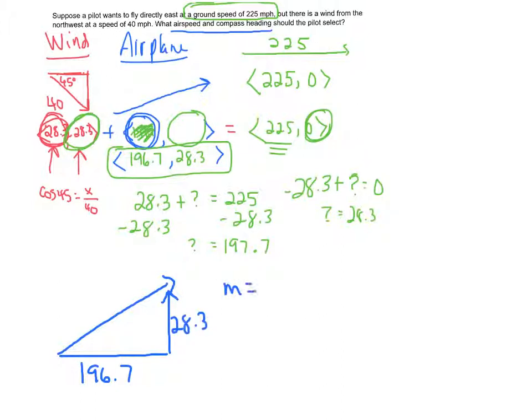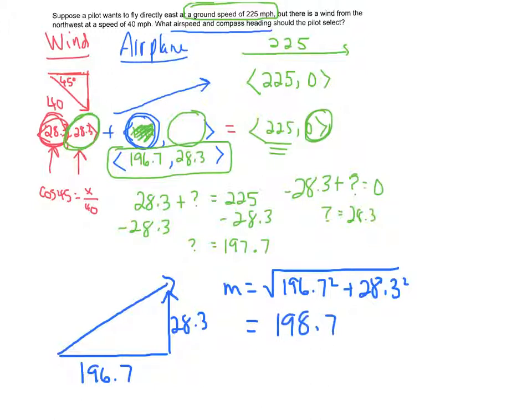If I want to figure out the magnitude, I'm going to use the Pythagorean theorem: 196.7 squared plus 28.3 squared equals c squared, and I square root both sides to eliminate a step. Let me plug this into my calculator. I get 198.7 for my magnitude, in miles per hour. So I've got my magnitude, 198.7 miles per hour.